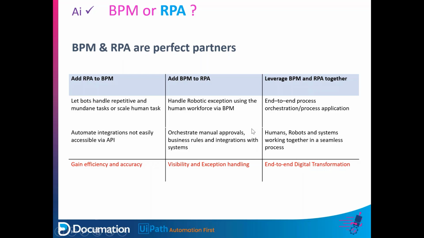And we can orchestrate the manual approvals and the business rules and the integrations with other systems. And if we join both of those technologies together, we can orchestrate and automate an end-to-end process that brings humans, the robots, and the systems working together in a seamless process.